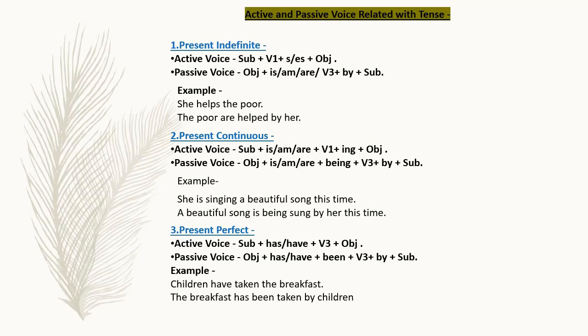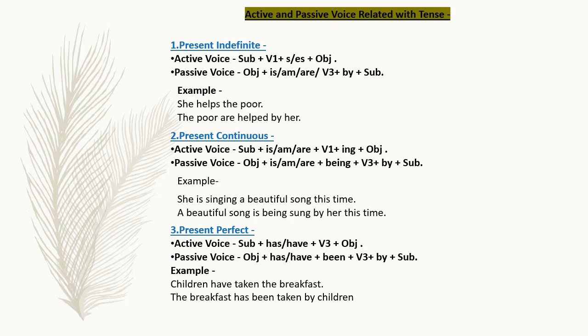You can see in the example, children have taken their breakfast. Now, children is plural in form, so definitely we are going to use have in case of perfect tense, plus V3 of take is taken, and their breakfast is your object. So as I told you, your breakfast would become the subject over here.